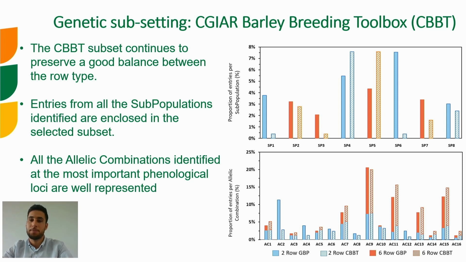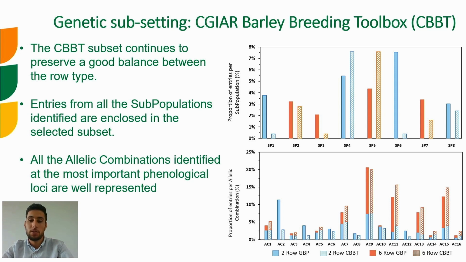The proportions are similar in the subset as compared to the global barley panel, except for subpopulations 1, 3, and 6, in which the subset shows a smaller proportion.